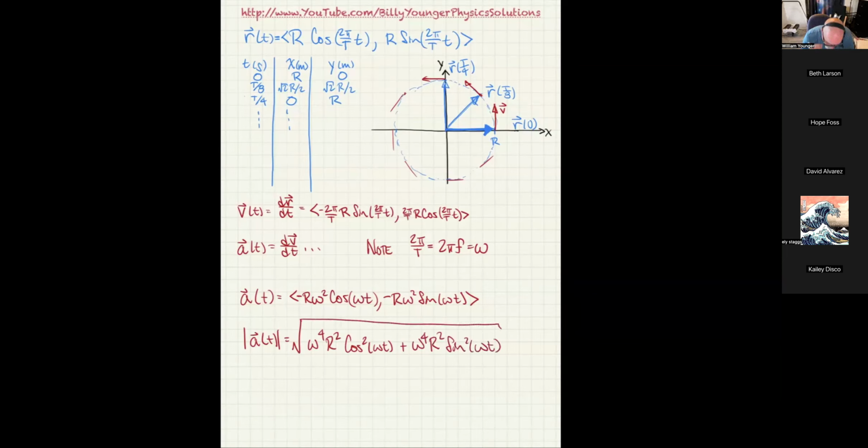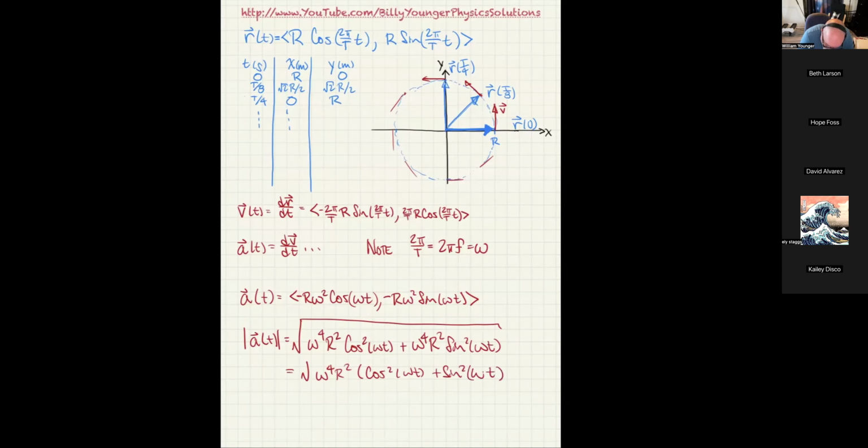Notice the negatives, because you're squaring, just disappear. Notice also, really big trick here, the omega to the fourth r squared can be factored out because it's common to both terms, and then we get cosine squared omega t plus sine squared omega t.